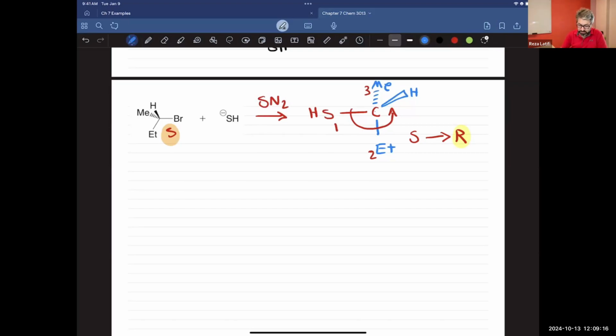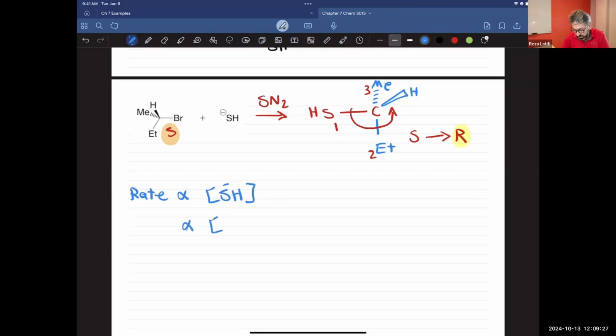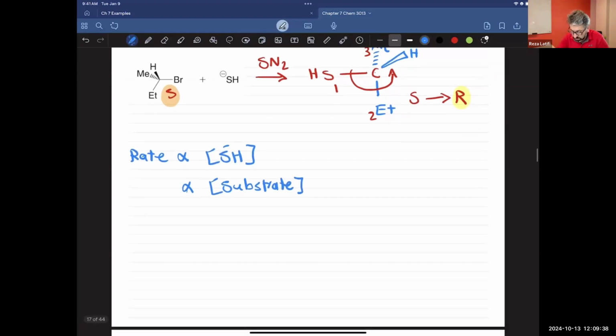The rate of the reaction is subject to the concentration of SH, the nucleophile, and also subject to the concentration of the substrate. So the rate is subject to both of them, and I'm going to say this: rate of the reaction is equal to K multiplied by the substrate, or the alkyl halide, multiplied by the concentration of the nucleophile.